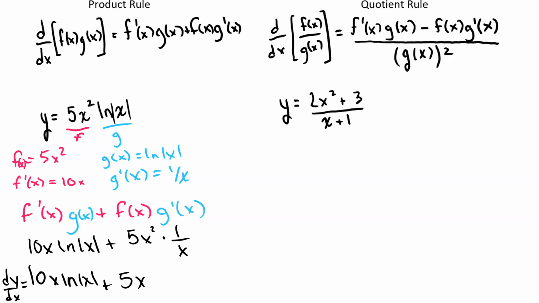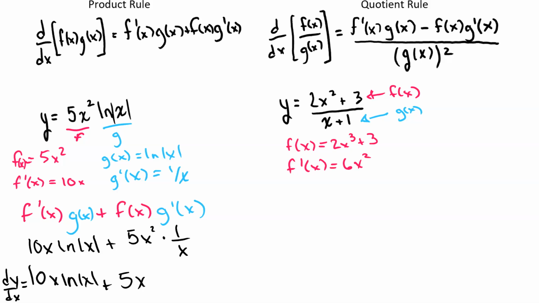All right, this next one takes a little bit longer because there's more substituting happening. So the numerator here is our f of x. The denominator is g of x. So I've got 2x cubed plus 3. My derivative, 6x squared.